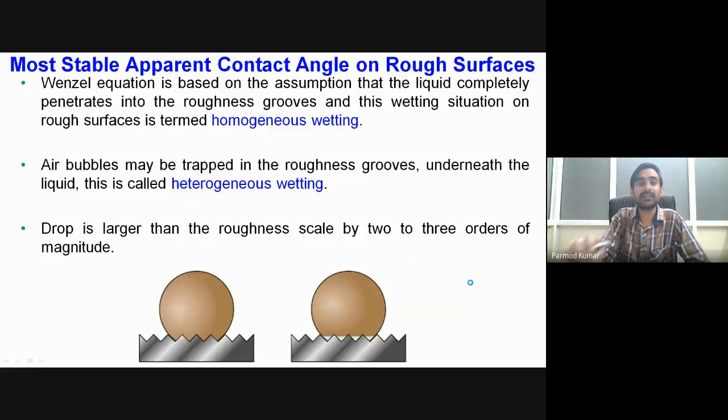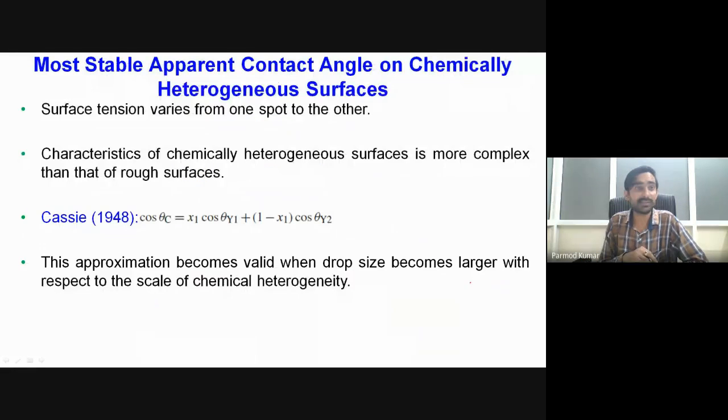Okay. Then now let us try to see one more type of surface condition. Now we are not even including a perfectly smooth surface, neither are we including a rough surface, but we are considering that our surface is smooth, but it is a chemically heterogeneous surface.